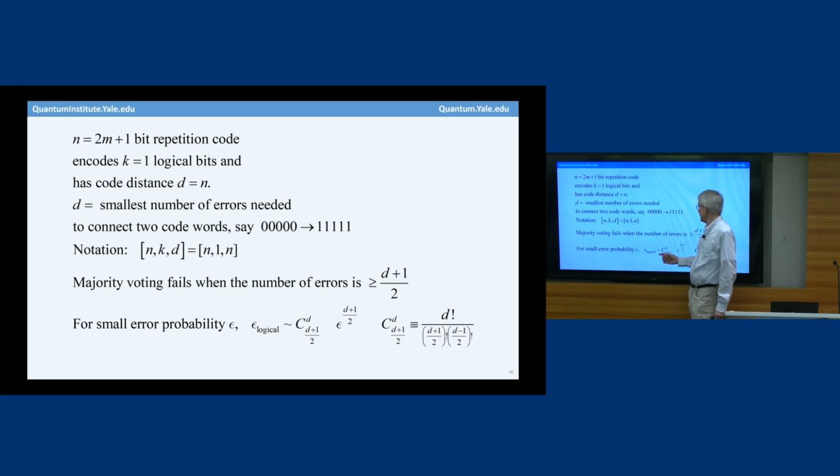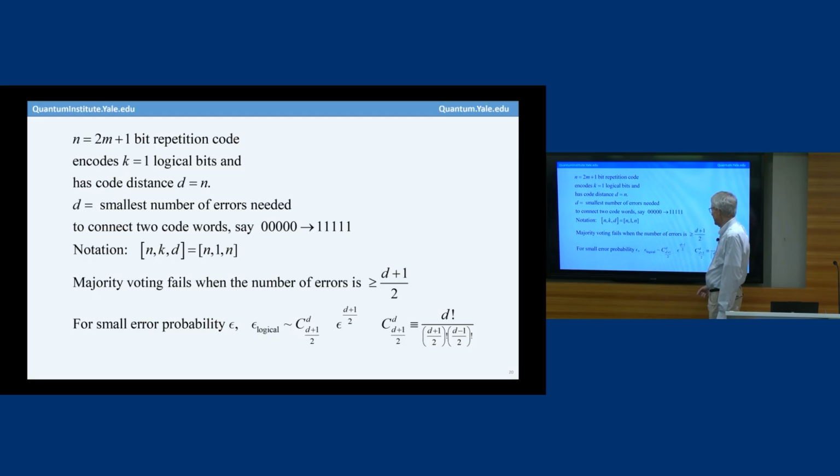So for when d is odd, that's the minimum: the number of errors is (d plus 1) over 2, so 5 plus 1, 6 over 2, is 3. If I get 3 errors, that's now the majority, and I'll be fooled.